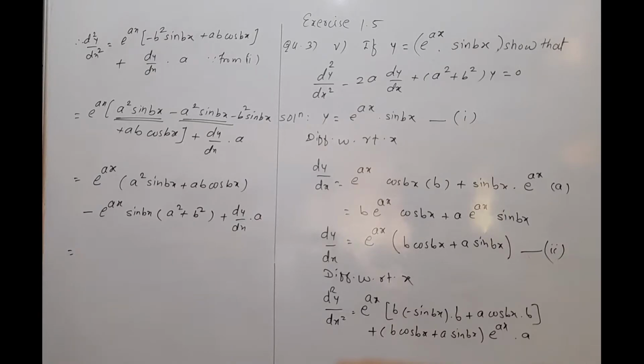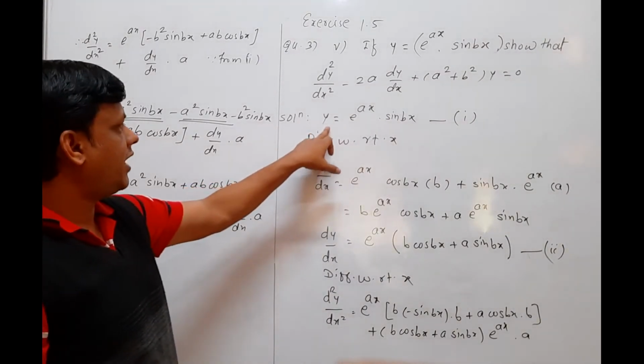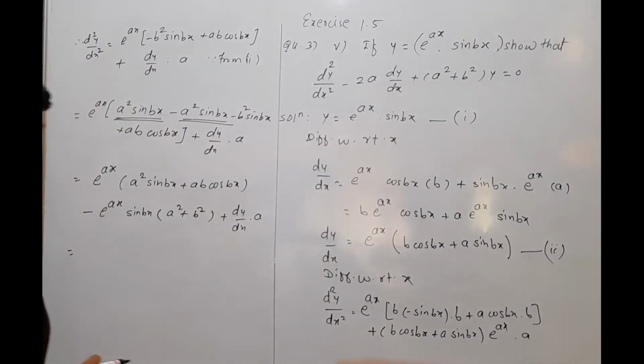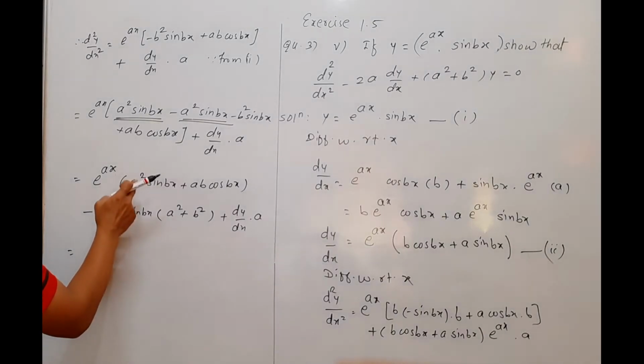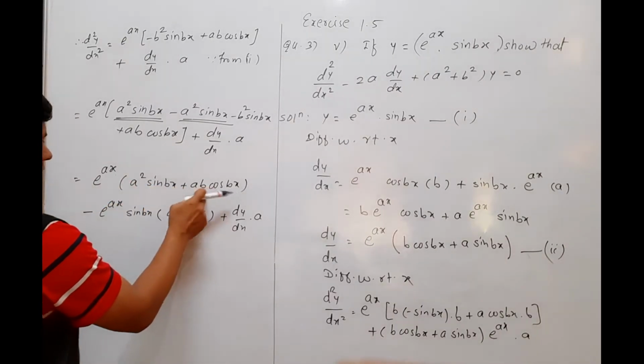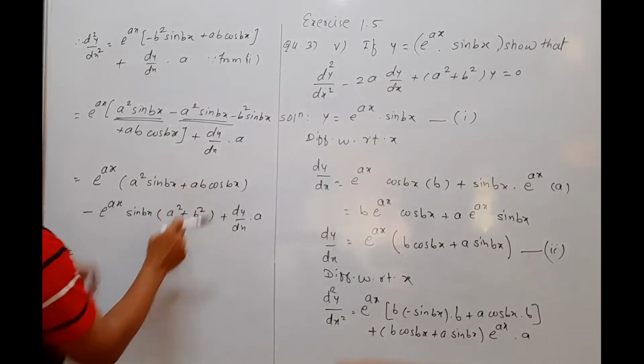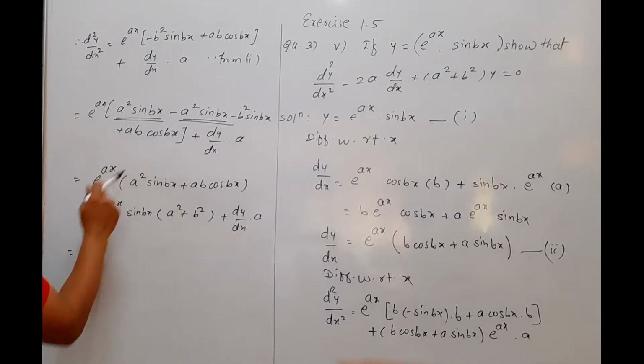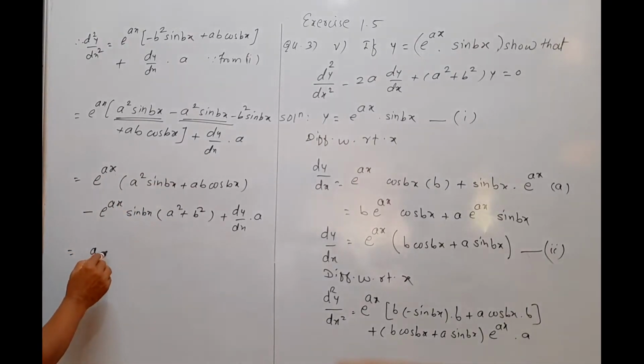Now if you observe, this minus e raised to the power x sin bx is the value of y from equation number 1, and in this bracket a square sin bx plus ab cos bx we take a common. So take a common again here. So write a into e raised to the power x in bracket.